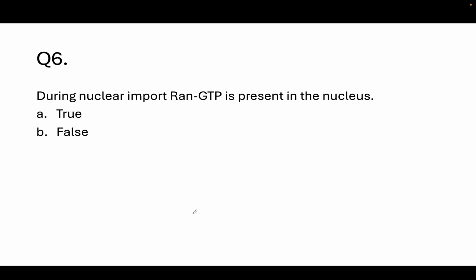During nuclear import, RAN GTP is present in the nucleus. Is it true or false? As we have been talking about RNA export, and after that moving things from the cytoplasm to the nucleoplasm, it is said that during nuclear import, meaning when things move to the nucleus, RAN GTP is present in the nucleus. Try to answer this.